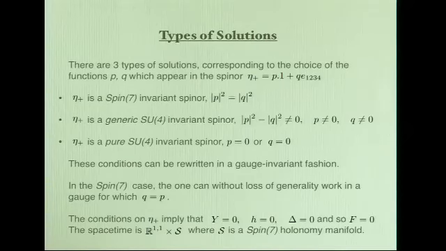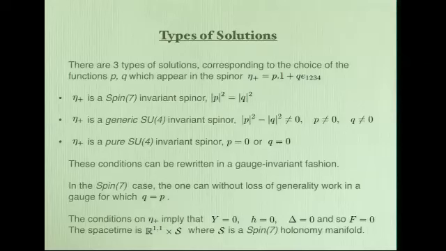So if |p|² is equal to |q|², then eta plus is Spin(7) invariant. If |p|² is not equal to |q|², and p and q are non-zero, then we're calling this a generic SU(4) invariant spinor. And we're calling it a pure SU(4) invariant spinor if either p or q vanish.